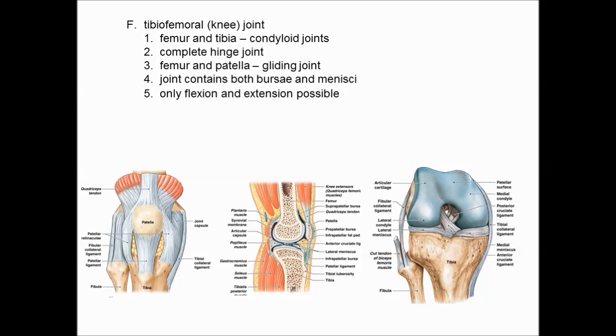The femur and patella, the bone of the kneecap, form a gliding joint. So not only is it a hinge joint, but there's a gliding activity of the patella on the femur, and lots of bursae and menisci are also involved. But the joint itself only has flexion and extension possible, unless we play football, and then we create new positions for the joint to be in.